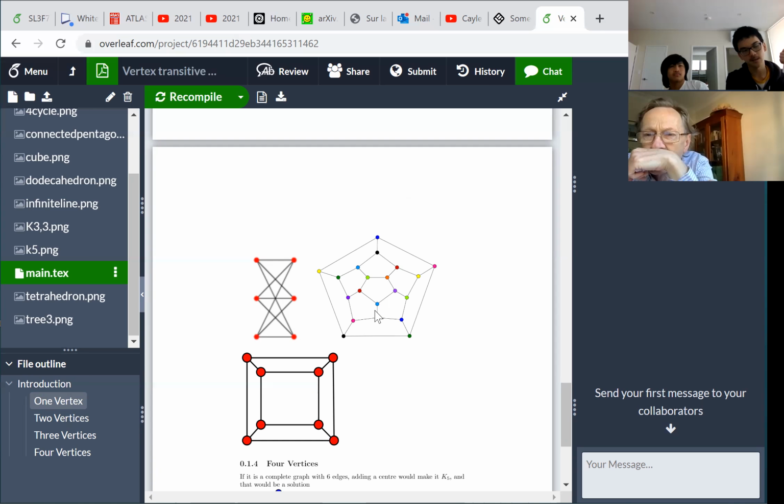Can you see what I'm saying? So we now get 3 times as many vertices. We get 24 vertices. And we can move any vertex to any other one. It's not a regular polyhedron anymore, but it's still vertex transitive. Every vertex looks the same.